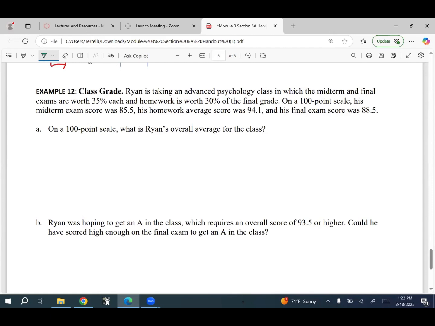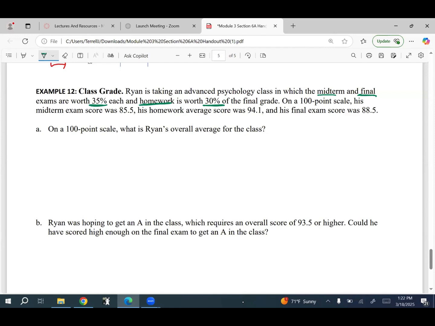So here we have a class that consists of a midterm, which is 35%, a final, which is also 35%, and a homework, which is worth 30%. And then it's followed by what the average was on each of those, the midterm, final, and homework.